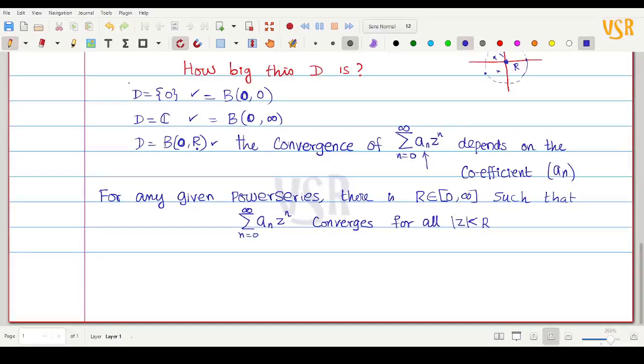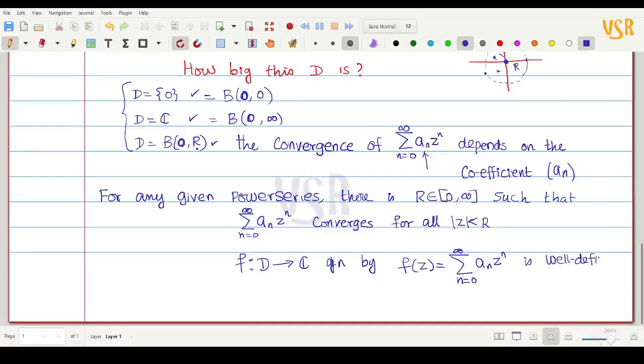ஓகே, இப்படி இருந்தது அப்படின்னா then we can define f is a function from D to C, is given by f of z which is equal to summation n equal to 0 to infinity a_n z to the power n is well defined. அப்படின்னு அர்த்தம். நீங்க D ல for every z belongs to D, எந்த ஒரு பாயிண்ட் கொடுத்தாலும் f of z உம் ஒரு காம்ப்ளெக்ஸ் நம்பர் தான்.